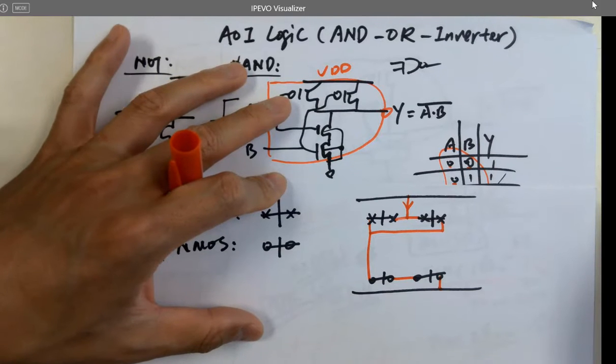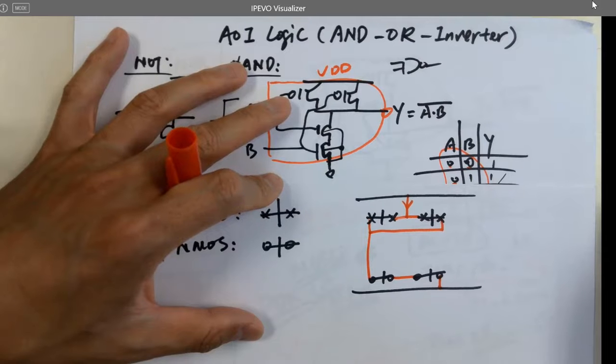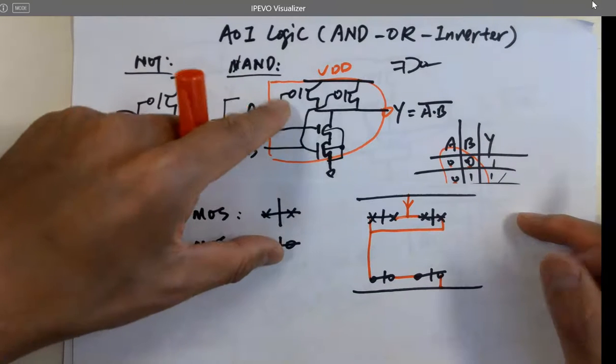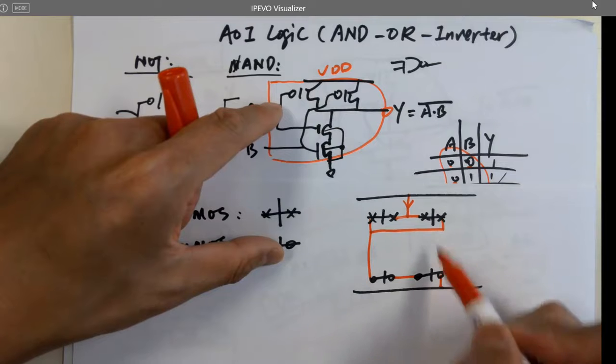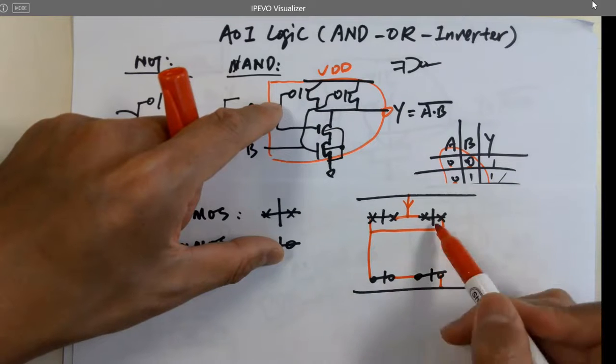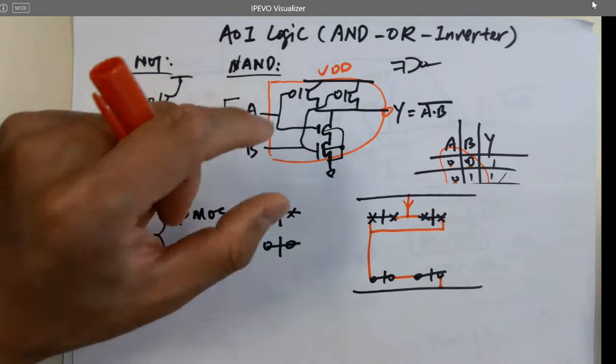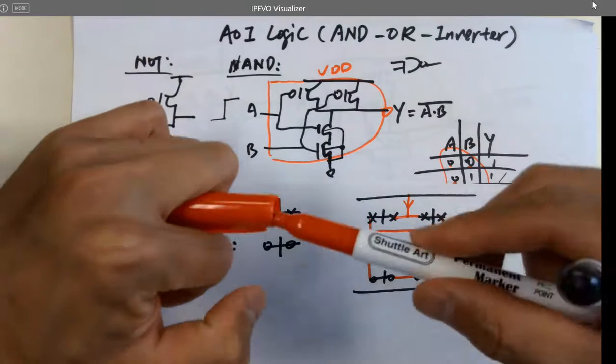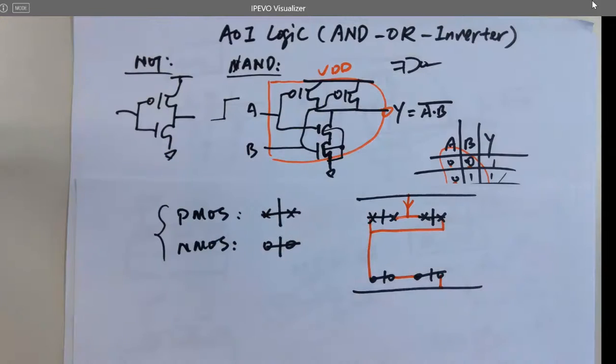Okay, then what about the gates? Remember, it doesn't matter which one connects to which one, right? Do I want to connect here to here and here to here, or just directly draw a straight line? They are in the same layer, which is the polysilicon layer. They are going to be shorted to each other, right?